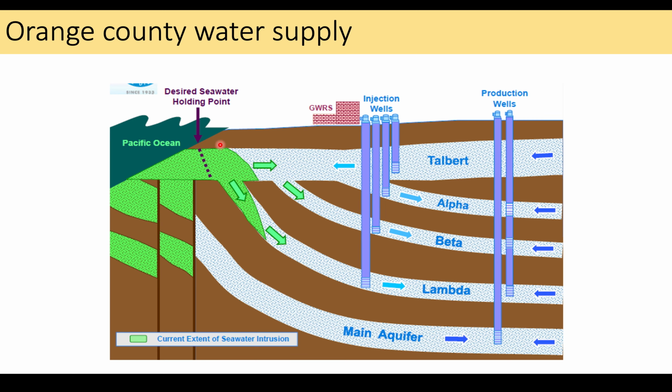So here we have the Pacific Ocean. This is seawater intrusion here in the green. So our production wells are where we're pulling water up. Injection wells are where we are injecting water back into the earth. So this is where we are injecting a lot of that reclaimed water to try and stop this saltwater intrusion.